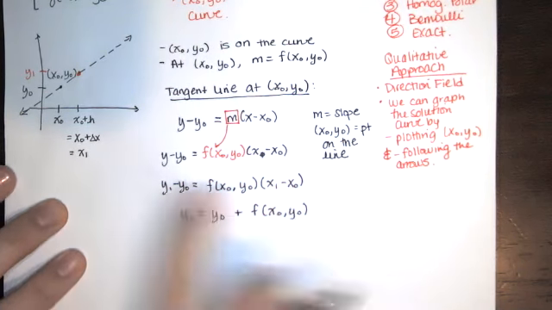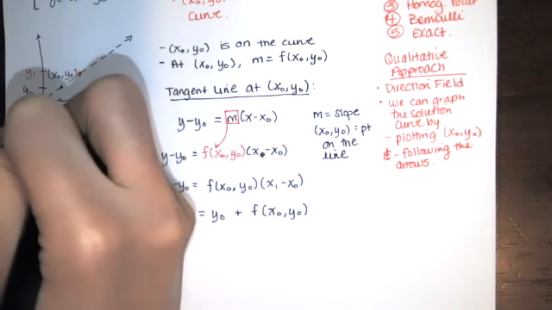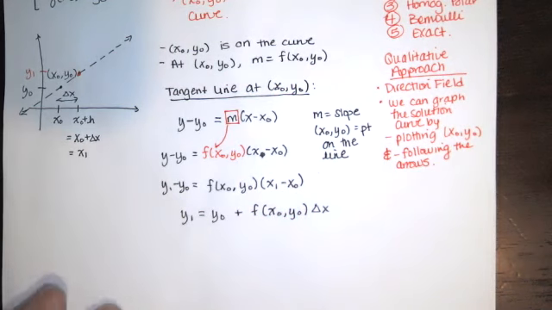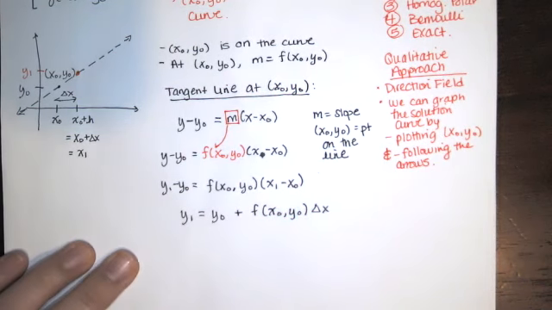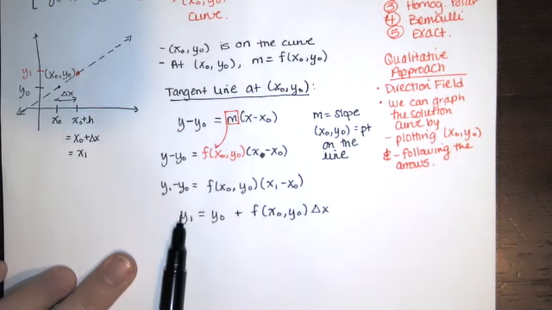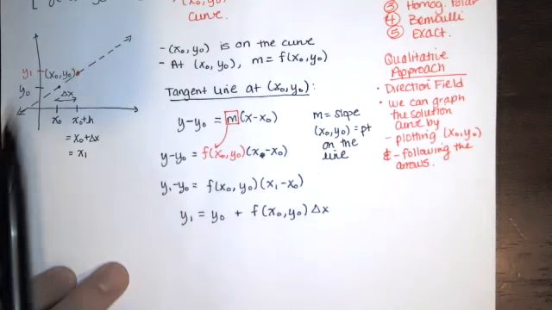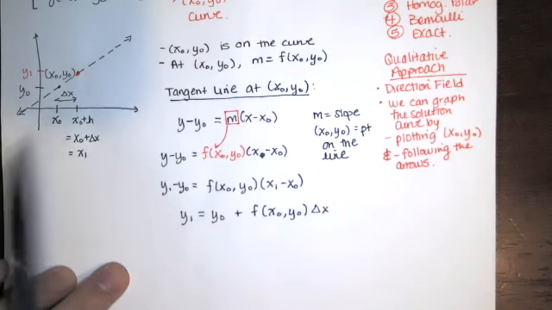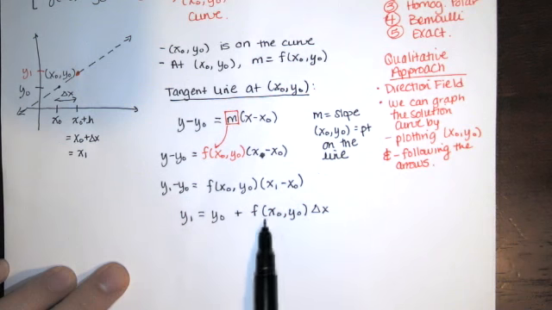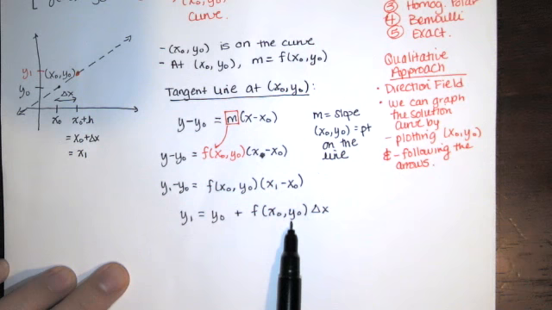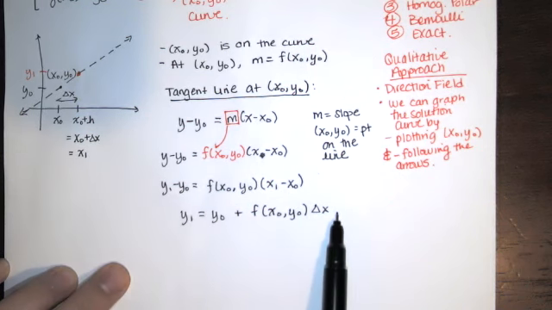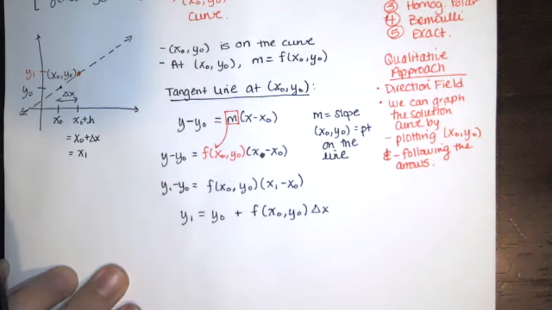Now x sub 1 minus x naught, that's delta x. So I could write that this way. Okay, so let's think about what this says. This says that y sub 1, which is an approximation to the solution at x sub 1, is equal to the original y value plus the slope at the original x naught, y naught, times some change in x. Or change in x is the step size that we took to get from there to there.